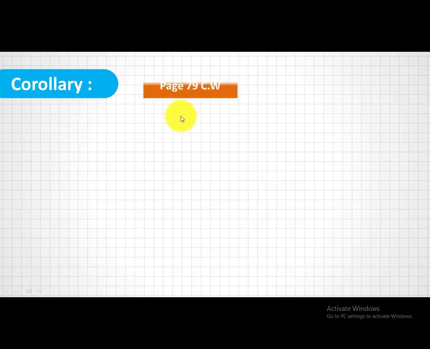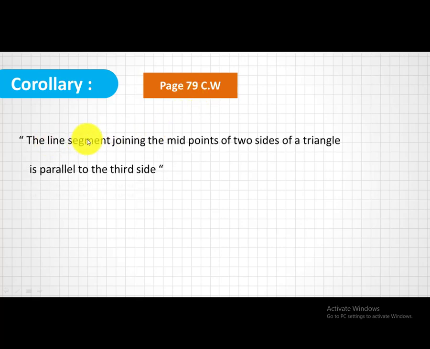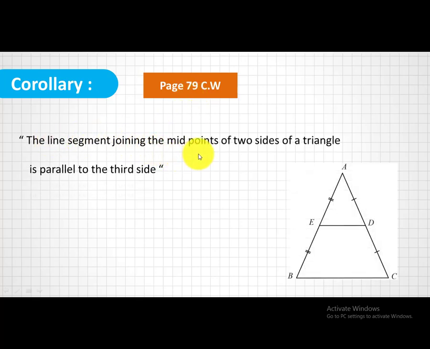Corollary, page number 79, classwork. The line segment joining the midpoints of two sides of a triangle is parallel to the third side. Again, the line segment means line segment ED.